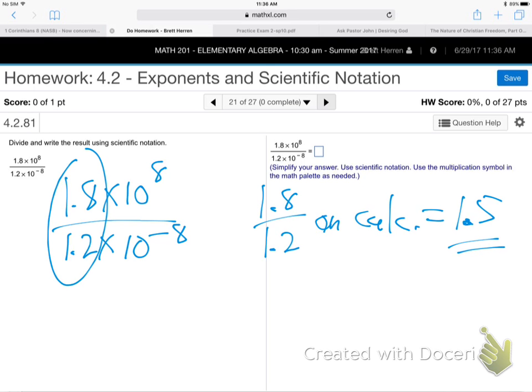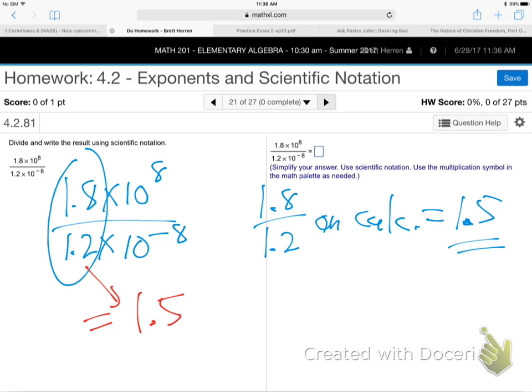And now figure out what to do with the 10 to the 8 stuff. All right, so the answer is going to be 1.5.